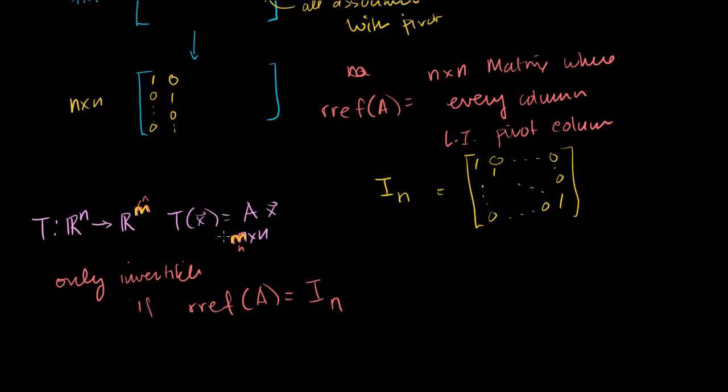The only way the transformation matrix is invertible is if the reduced row echelon form of our transformation matrix is equal to an n by n identity matrix. The identity matrix is always going to be n by n. So that's a big takeaway. Now we'll use that in the future to actually solve for transformations, or solve for inverses of transformations.